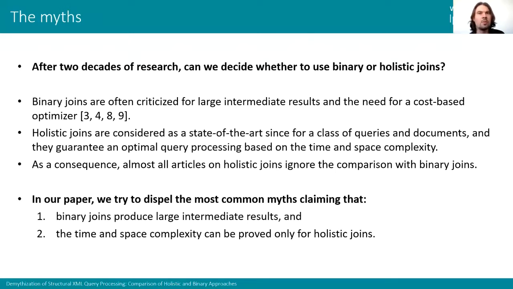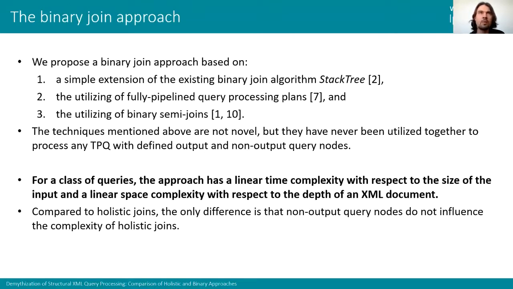We try to dispel the most common myths about binary joins, claiming that the binary joins produce large intermediate results after individual operations, and the time and space complexity can be proved only for holistic joins. We propose our binary join approach, which is based on existing works. It is based on an extension of the traditional binary join algorithm stack tree.